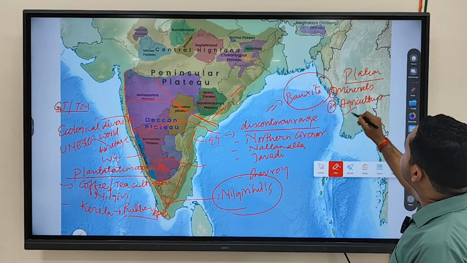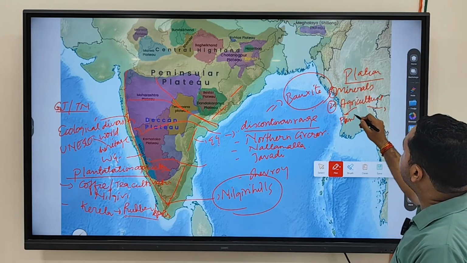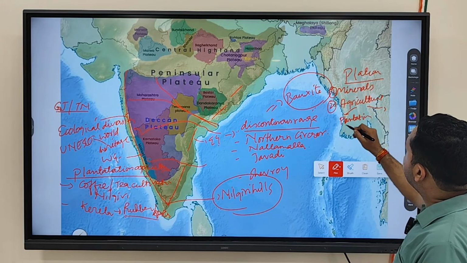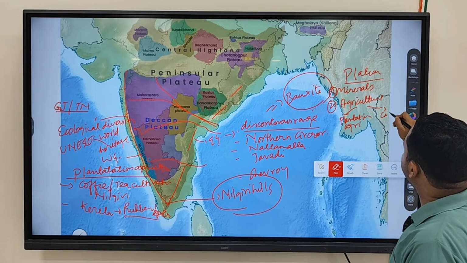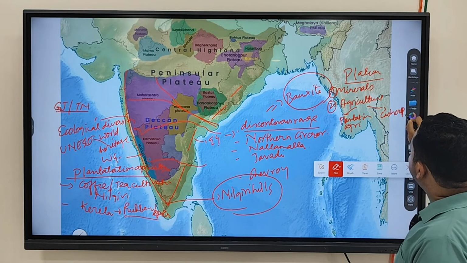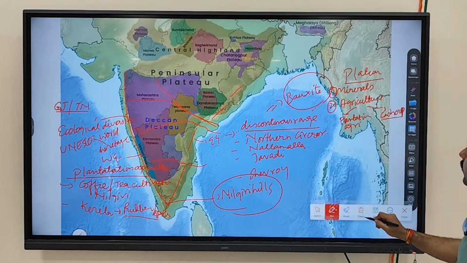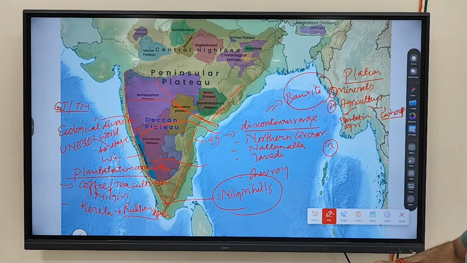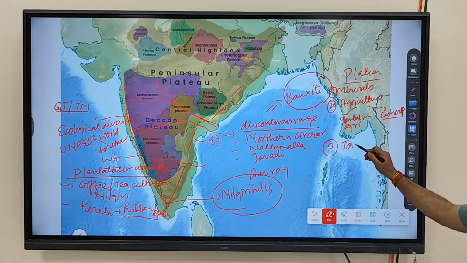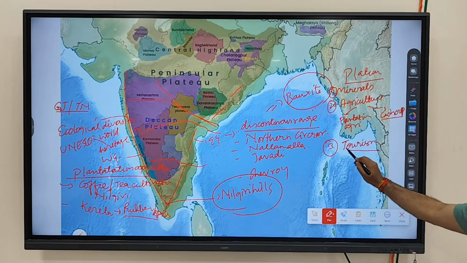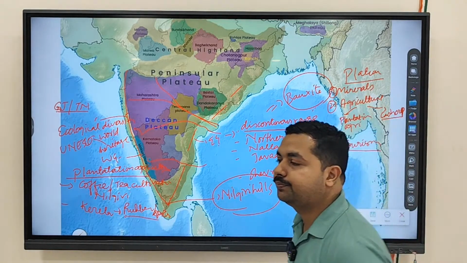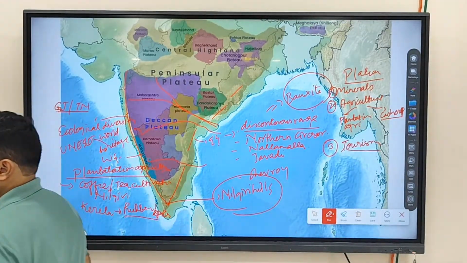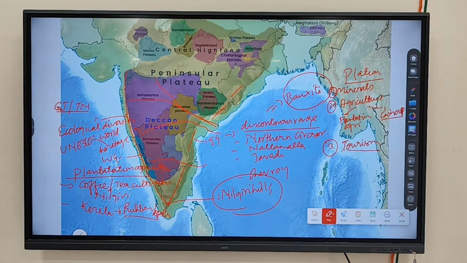You see plantation agriculture like coffee, tea and so on, and cash crops like cotton. Fine. It is also very important for tourism. Clear? Fossils. 98% of Gondwana coal lies in this region.